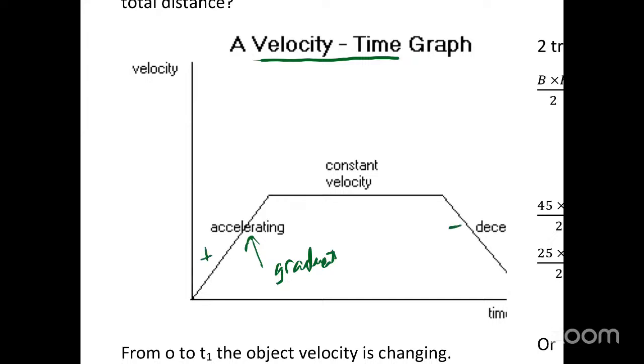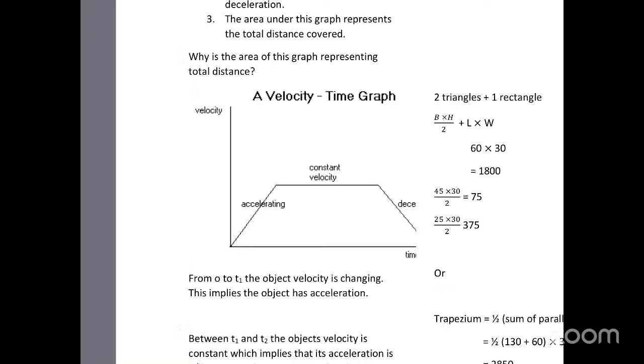We know positive means accelerating, negative means decelerating. And if your gradient is 0, it means that your object has no acceleration. It's moving, but no acceleration. All right? So those are the things that we needed to remember from time graphs. Okay?